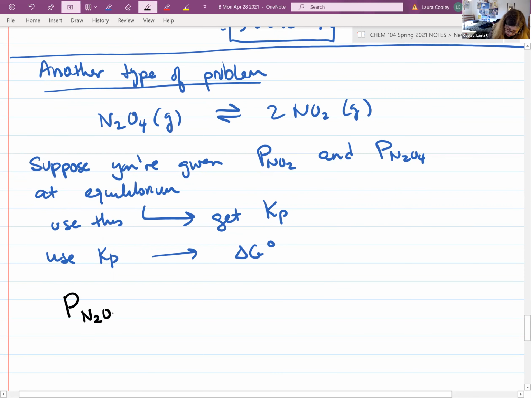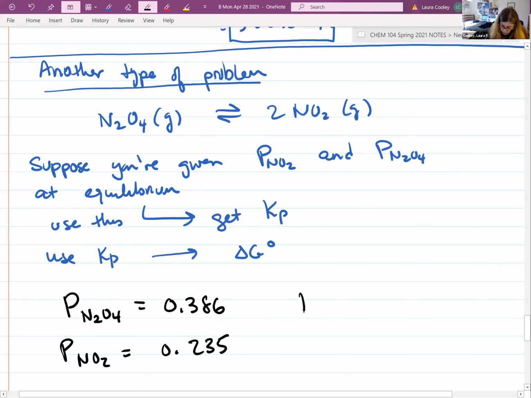Supposing I tell you that the partial pressure of N2O4 is 0.386 and that of NO2 is 0.235. So what would Kp be? It would require you to remember that you have to take the products over the reactants raised to their proper stoichiometric coefficient.